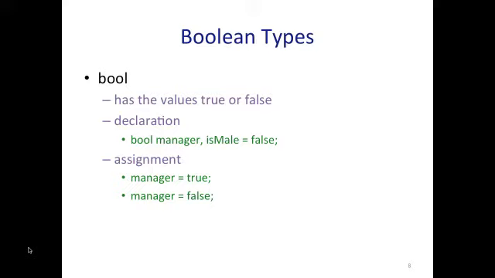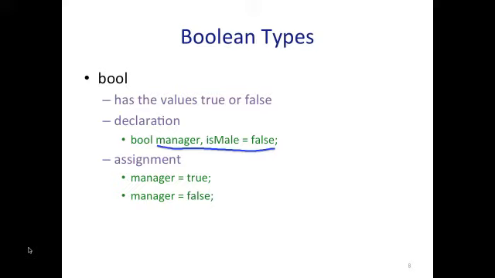The third type we're going to talk about are Boolean types, and you'll see more about them when we get into conditionals. But bools have two values, true or false, or in effect binary, and they come from logic. So for example, I could declare here two variables named manager and isMale, and manager is actually undefined.